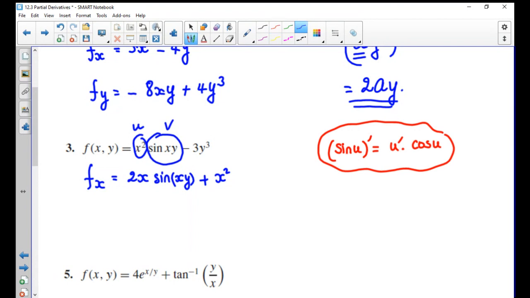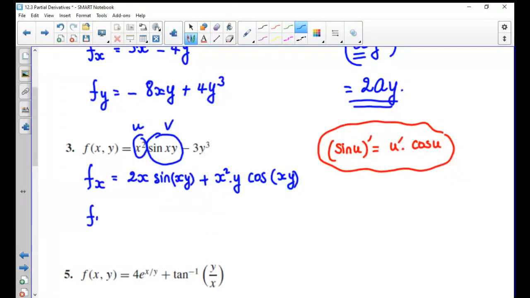So there is a y, and then cosine xy. And then the derivative of y to the power of 3 will be 0. So that is the derivative with respect to x.